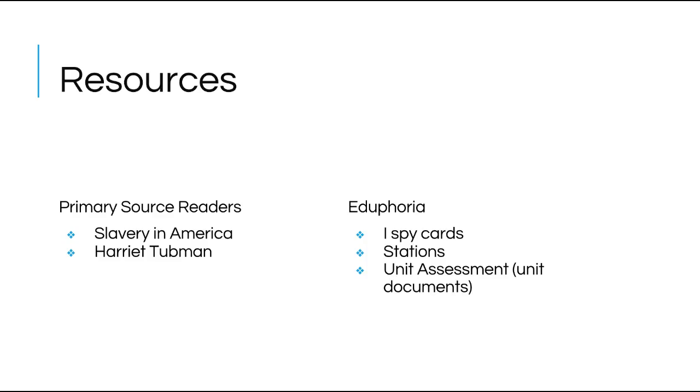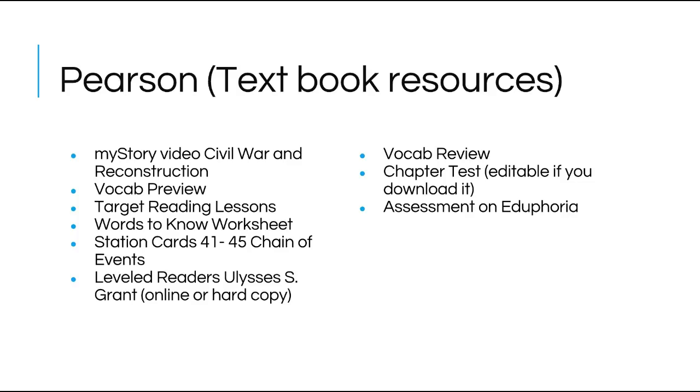So some resources. In your primary source readers, there are 2 books, Slavery in America and Harriet Tubman. In Eduphoria, there are the I Spy cards and some unit assessments. The textbook has all of these resources in this particular area.